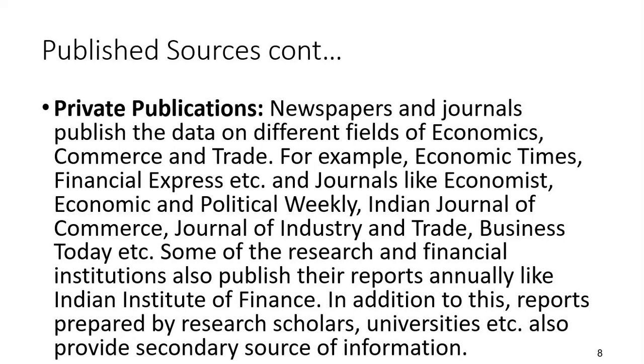Every day we read the newspaper, and in the newspaper we see a lot of things recorded. They may not be in the form of numerical values, but there are descriptions of several incidents. These are also a source of data, which is a private source of data. Some journals record different types of scientific outcomes and research related to different fields of humanities, commerce, and business, and they have a lot of information including numerical values.